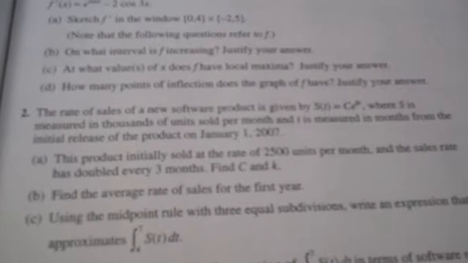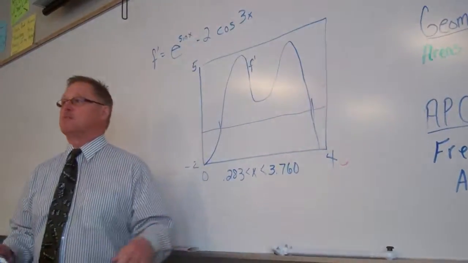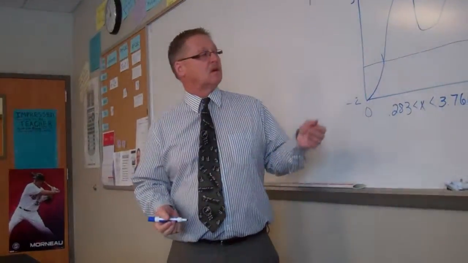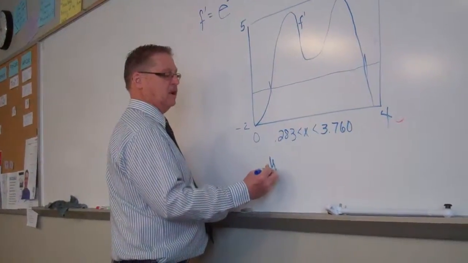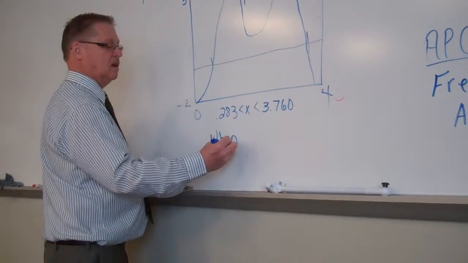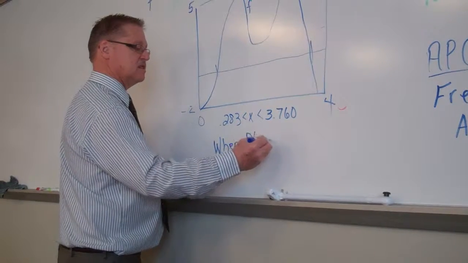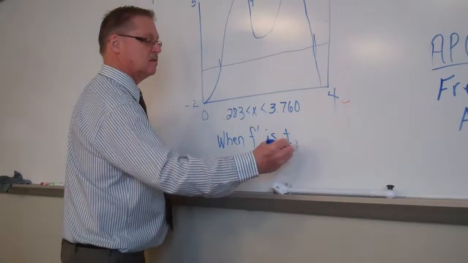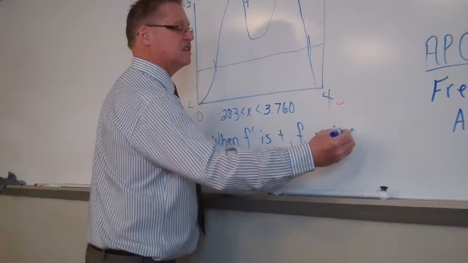Then it says justify your answer. So what you're going to say then is why you answered that. You're going to say from there to there is the answer because, well, something like when f prime is positive, f is increasing.